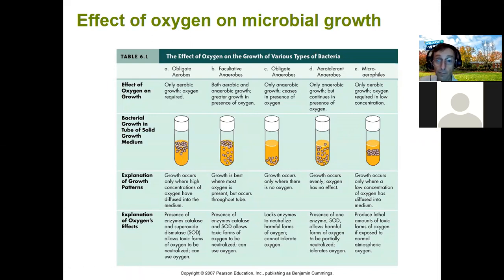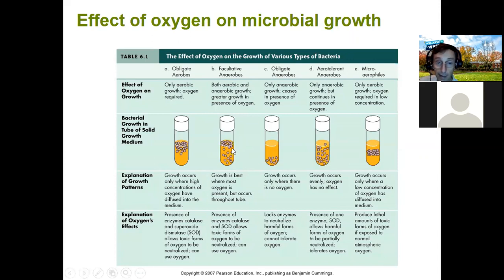Now that's different from a facultative anaerobe. These organisms are anaerobes, and they will grow everywhere in the tube because they do not need oxygen to grow. But they are facultative anaerobes, and they will grow best at the top of the tube where the organism is performing aerobic respiration, making the most ATP.